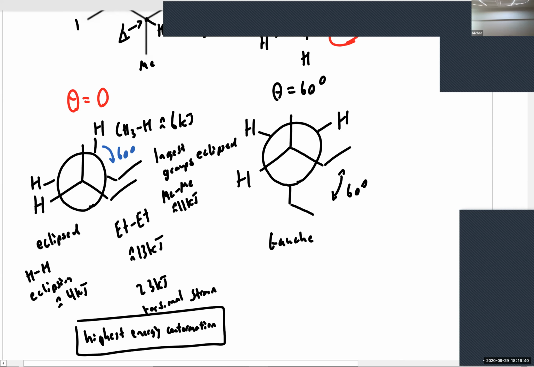ethyl groups. My question to you is, what would a Gauche ethyl-ethyl interaction be around, given that a Gauche methyl-methyl interaction is around 3.8 kilojoules? What would we estimate a Gauche ethyl-ethyl to be around, roughly?